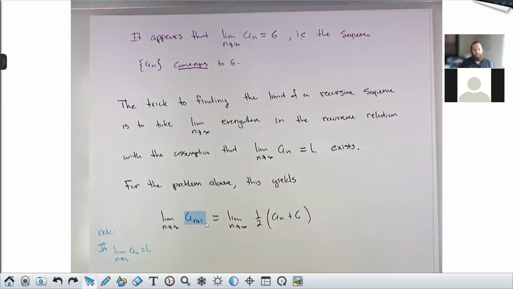So what would be the limit as n goes to infinity of this thing related to the limit as n goes to infinity of this thing? Would they be the same or different?